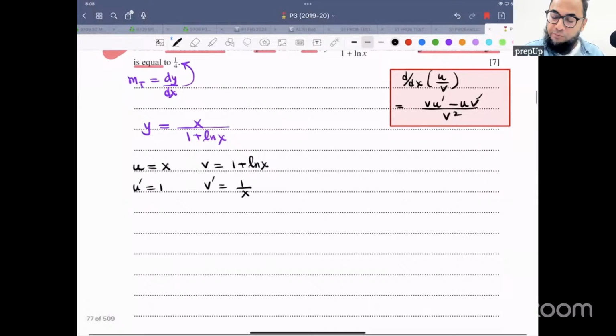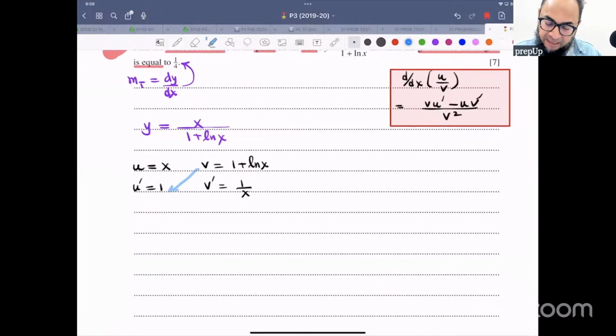So let's move on. Now I'm starting with this, that is v and u prime. Let me just draw this line like this. This is v u prime. So just to give yourself an idea, dy by dx is equal to 1 into 1 plus ln x minus x into 1 over x.